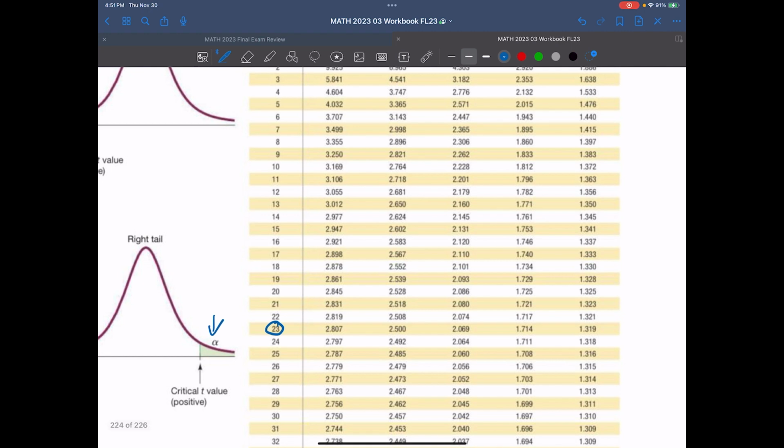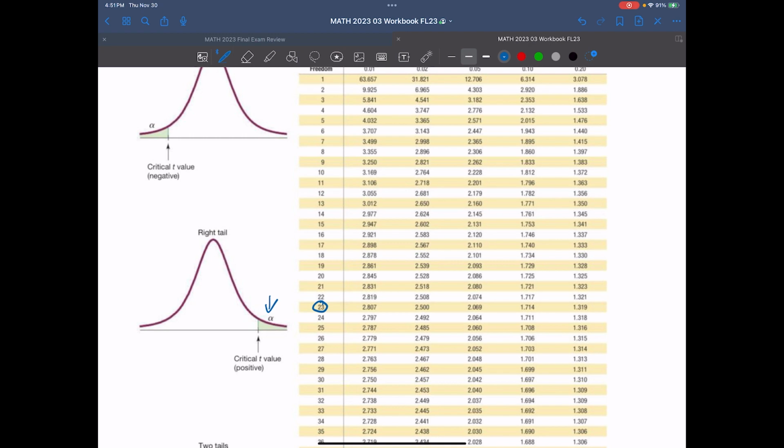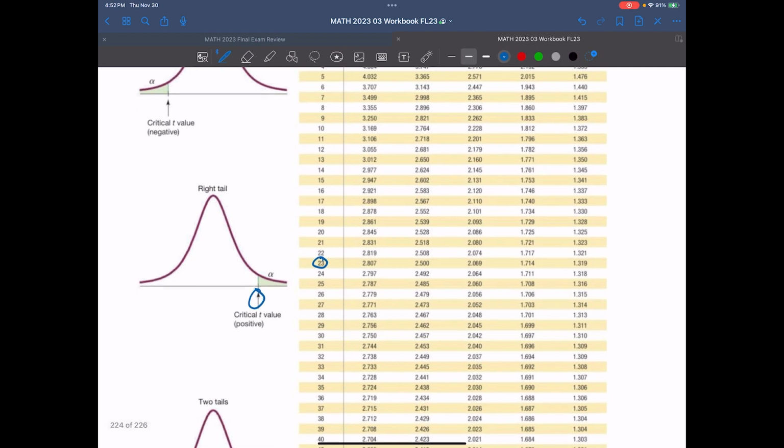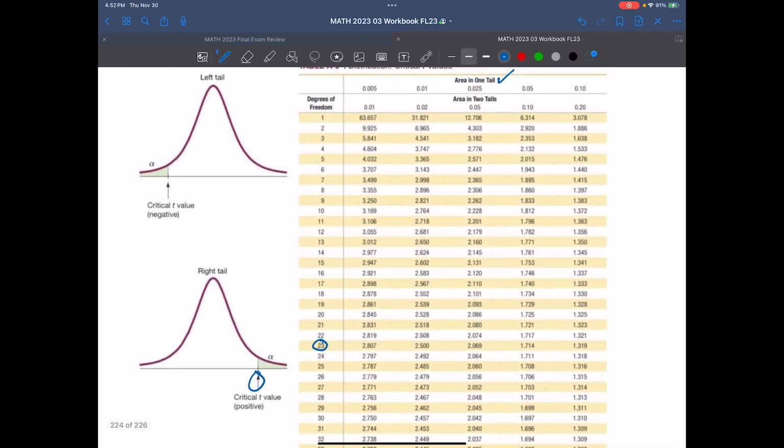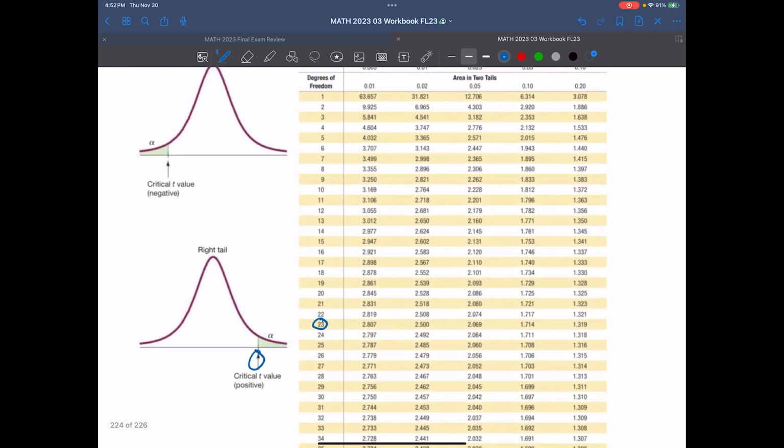We are not given the area; we're given a t-score. So what we can do is drop the negative because we have symmetry. Negative 1.8 and some change puts us in this column, which is between these two.